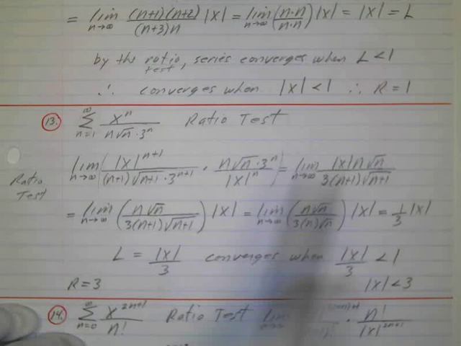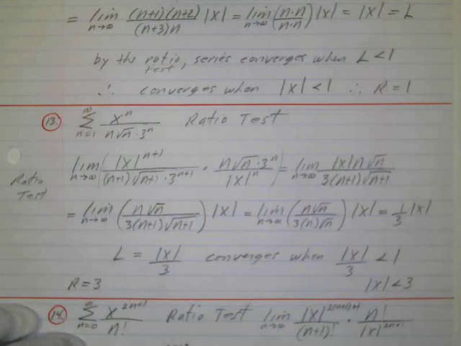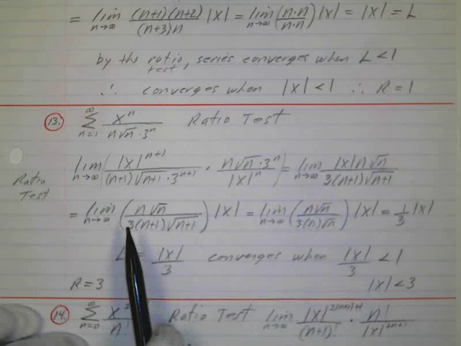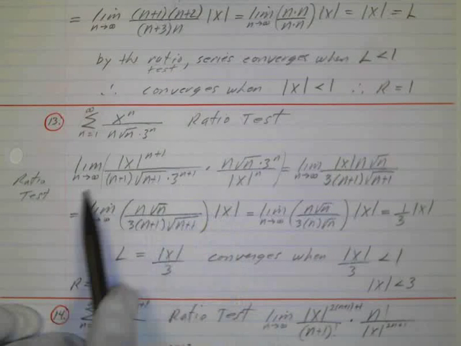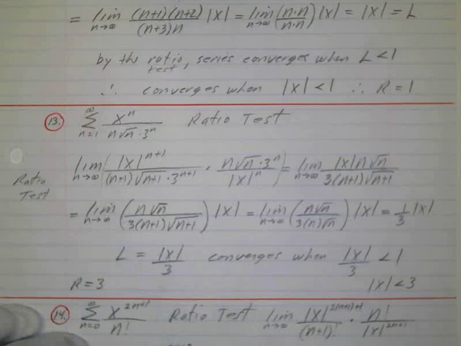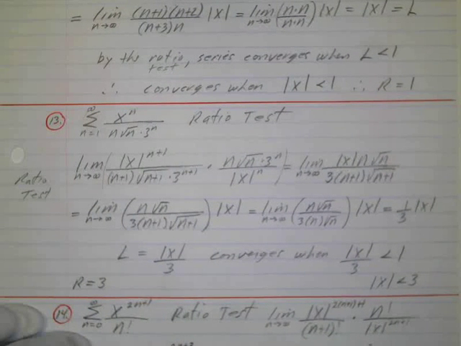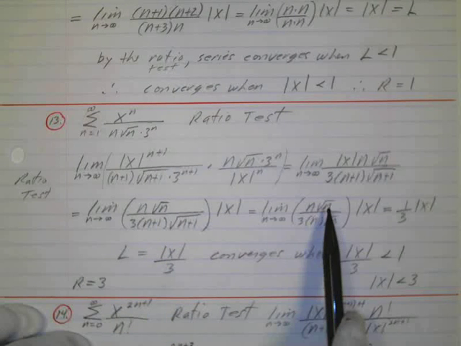And then I have the n, square root of n, and I've got n plus 1 and the square root of n plus 1. So I still have the 3 over here. I put the absolute value of x out in front so I can figure out this limit. Now again, as n goes to infinity, we can get rid of these little 1s here.